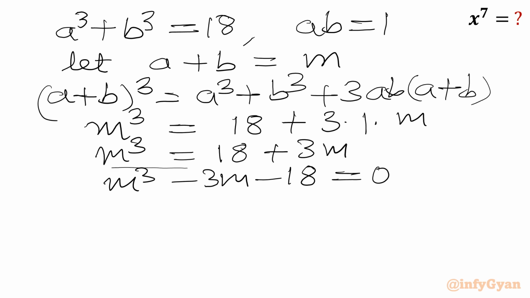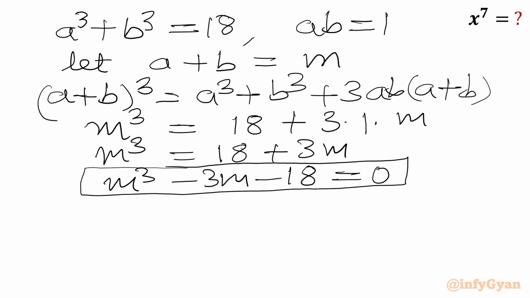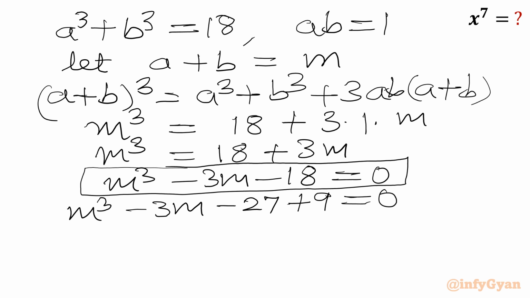Now this is one cubic equation. I will solve using the method of factorization. So I can write m cube minus 3m. Let's split minus 18 as minus 27 plus 9 equal to 0.